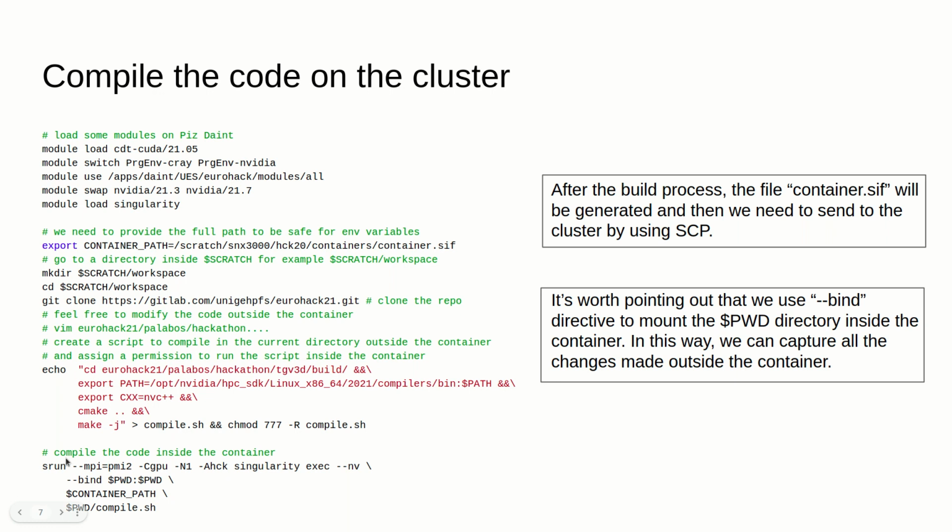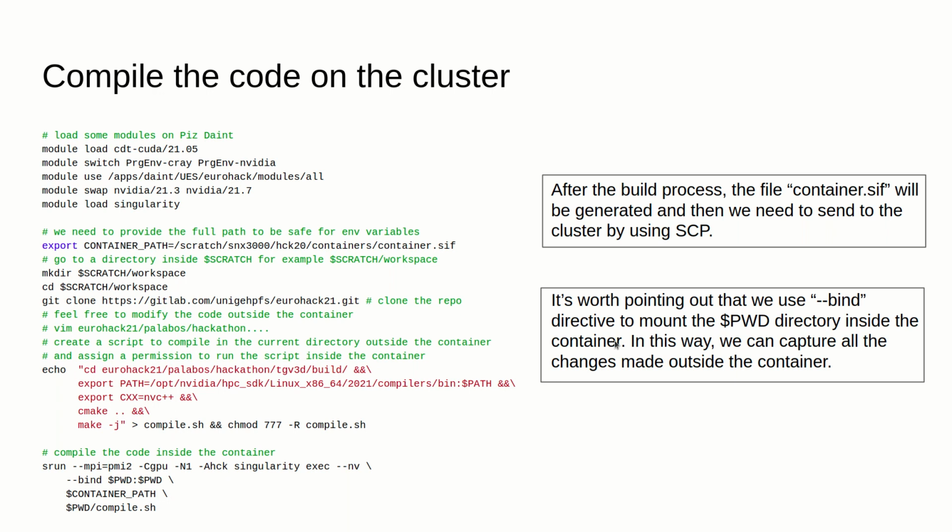We have here the Singularity exec command, and then we have the container, and then with the exec command I need to put in the end the command that I want to run, and the command is the compile script that was created here.